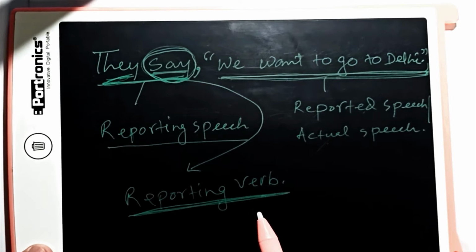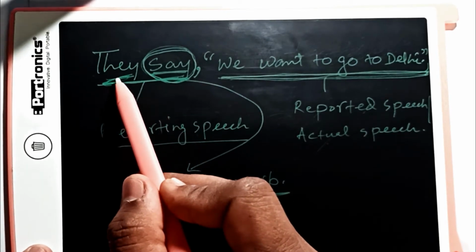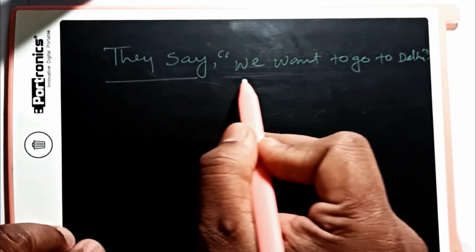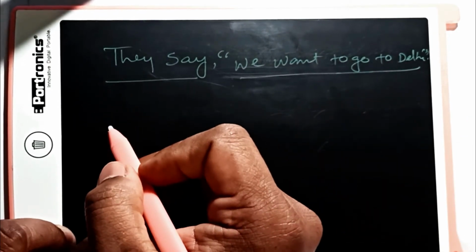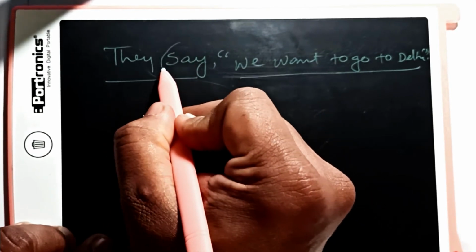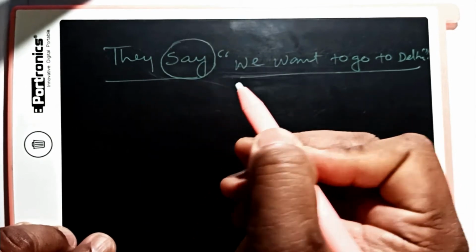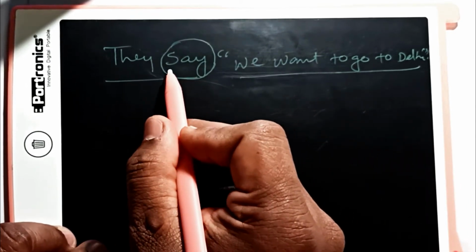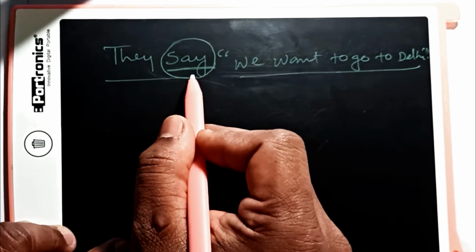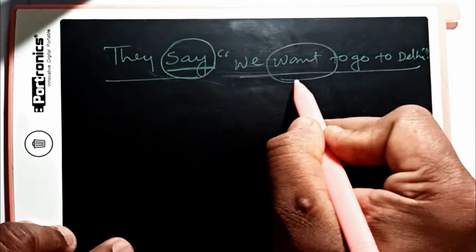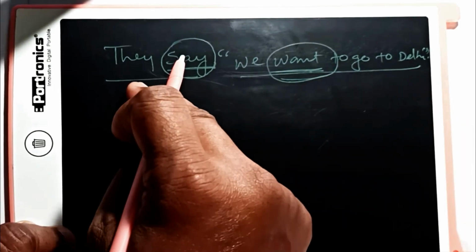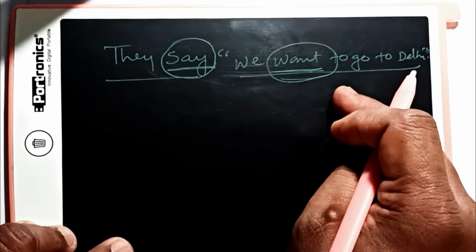Alright, now let us try to change this sentence. Let us come back to this sentence again. As we know, the first rule states that if the reporting verb is present or future tense, here in this case it is present tense, then the verb of the reported speech will not change, because we know this is reporting speech and this is reported speech.